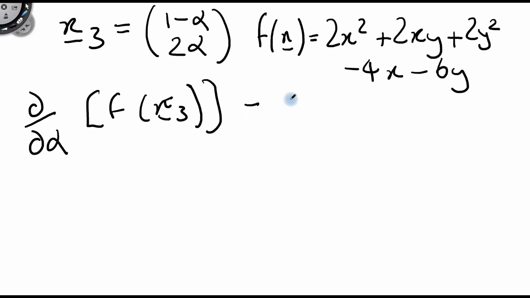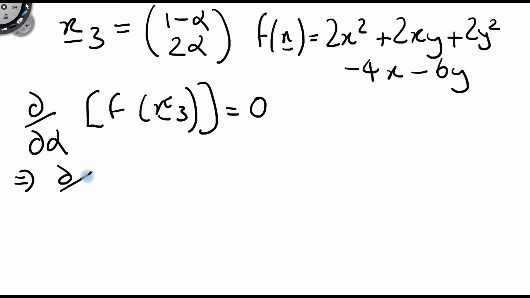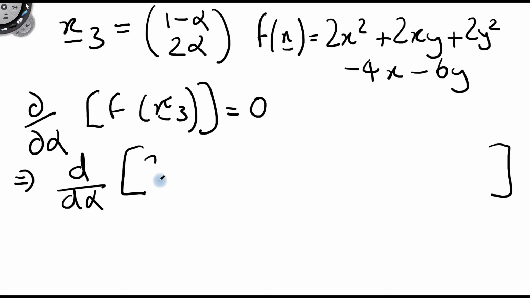I'm going to rewrite the x3 as well. That implies d by d alpha of the function, which is just a function of alpha at this stage. We substitute all the bits in, and this is slightly complicated, but you just need to keep tabs of everything. So 2x squared becomes 2 times (1 minus alpha) squared.